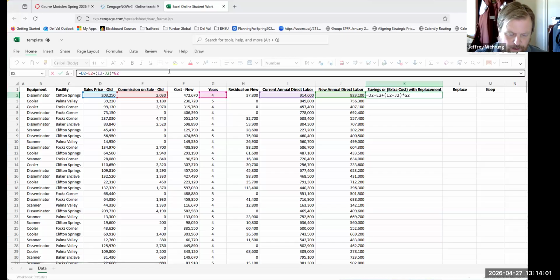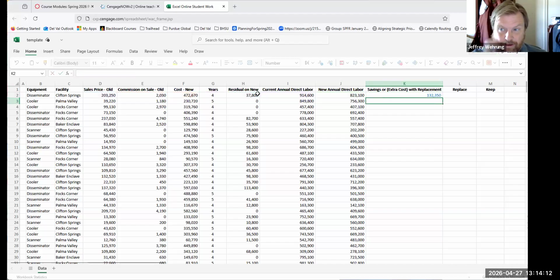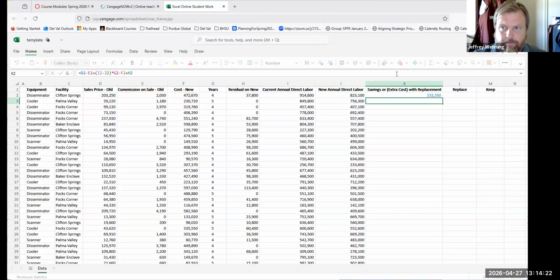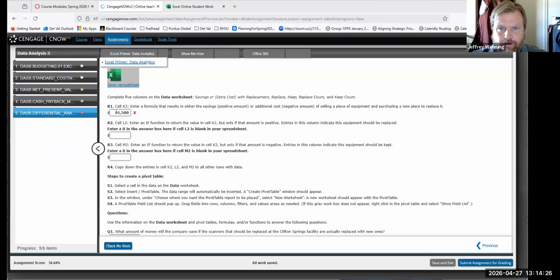Okay, and then we also have to subtract off the cost of the new equipment, and then we also get back the residual on the new equipment when we sell it. Now, we're not taking time value of money into play here at all. This is just looking at the cash that's changing hands. So just so we know, there's no time value of money. Okay, let's see if that's what they're looking for.